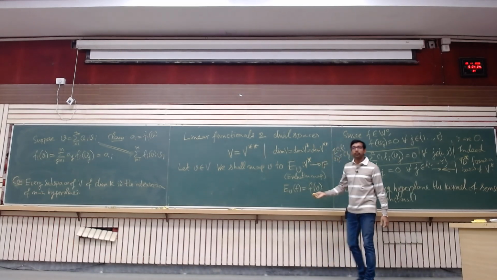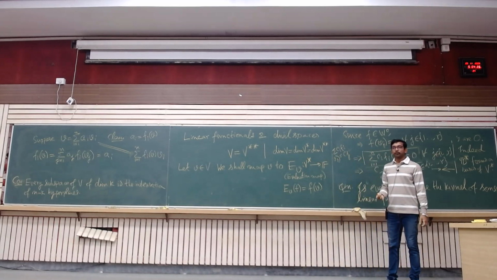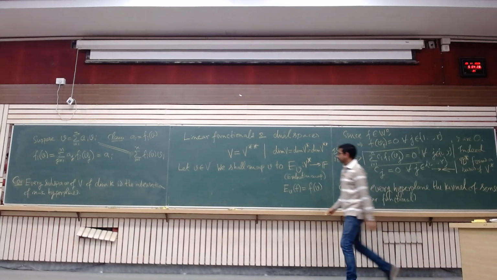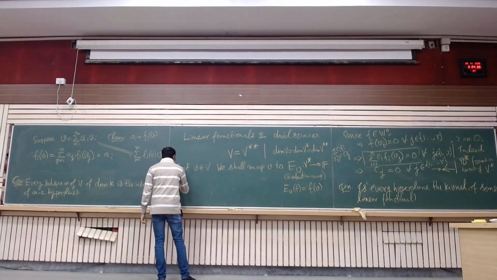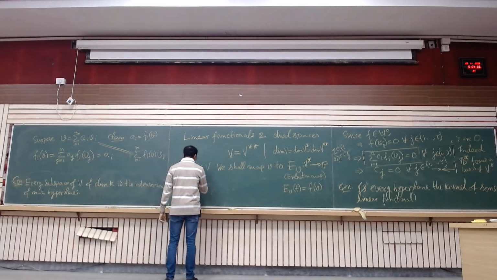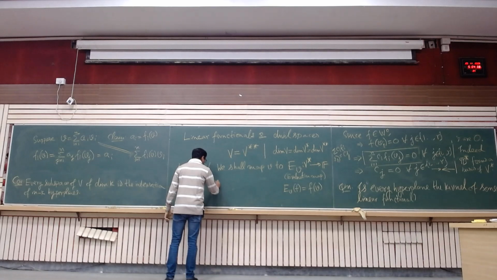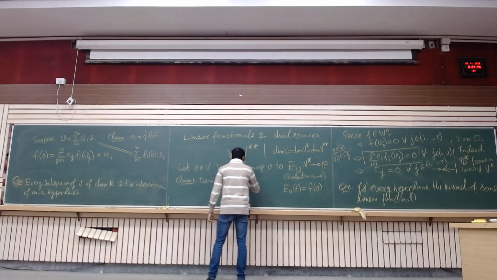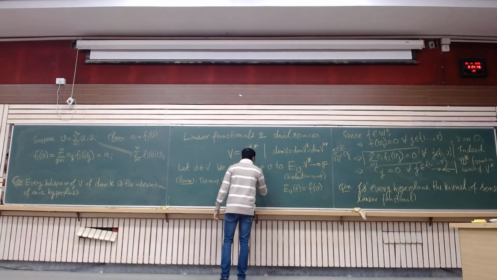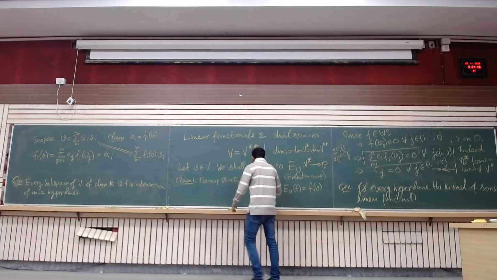So we need to show what? Yes. So at first, the first claim, claim 1: this map that sends V to EV is linear. Okay. So it's a linear transformation, and then claim 2.